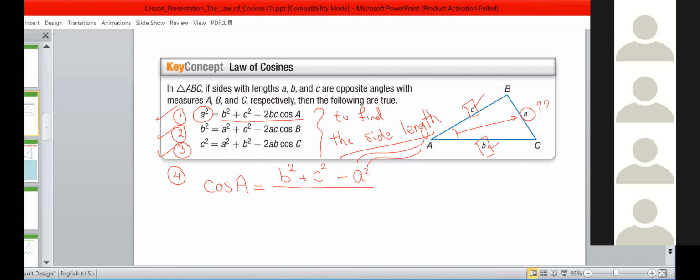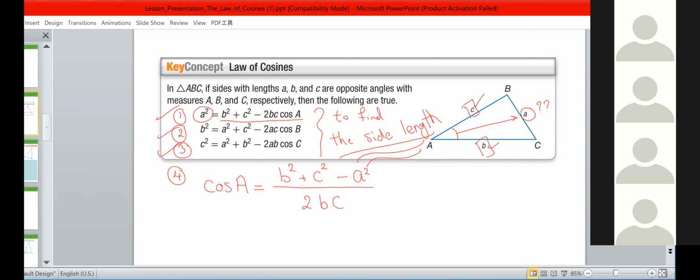Again, cosine A equals fraction mark and then B squared plus C squared minus A squared, over 2 times the first 2 letters, which is B and C. This is the rule to get cosine A.